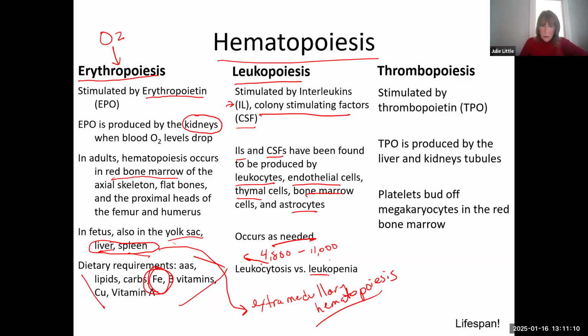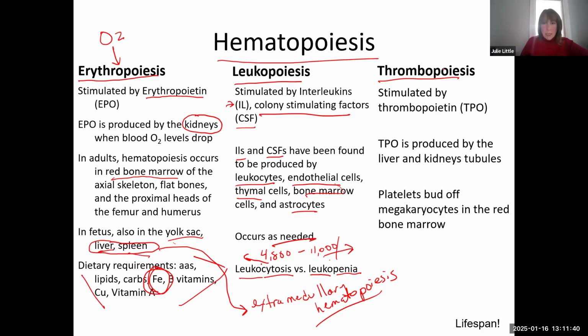That is called leukopenia, because penia means weak, you don't have a lot of white blood cells. If you're fighting an infection and you increase your leukopoiesis and go above this 11,000 mark, that is called leukocytosis. This means too many white blood cells, but we need that when we're fighting off an infection.